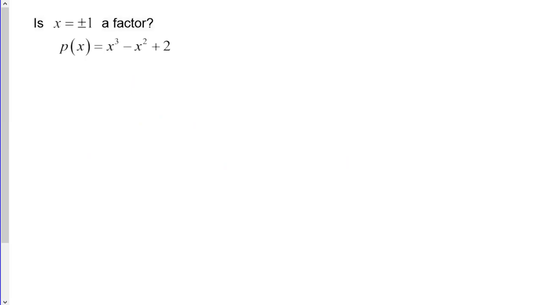Another way to make it easier is identifying if plus or minus 1 is a factor. And so the way you can think of this is, if you plug in x equals 1, well, no matter what you do, if you square 1, cube 1, raise 1 to the 4th power, you're always going to get 1 back out.